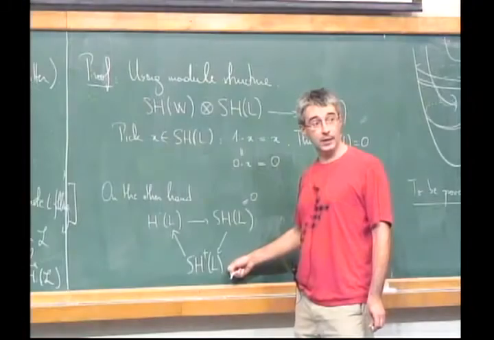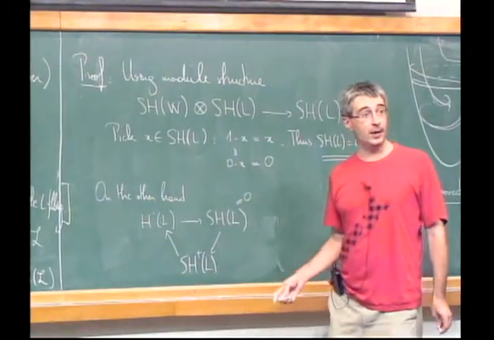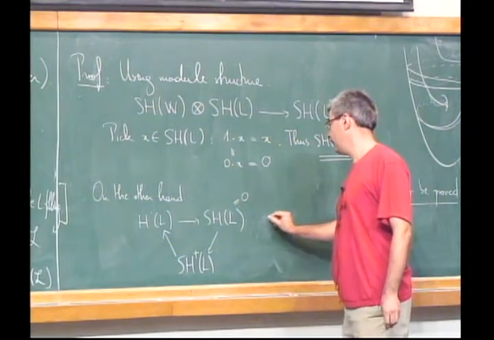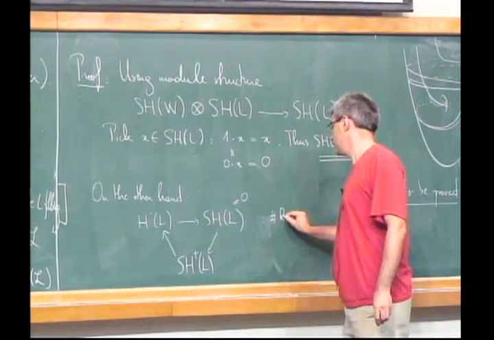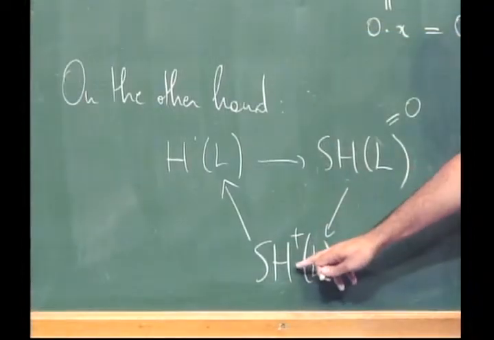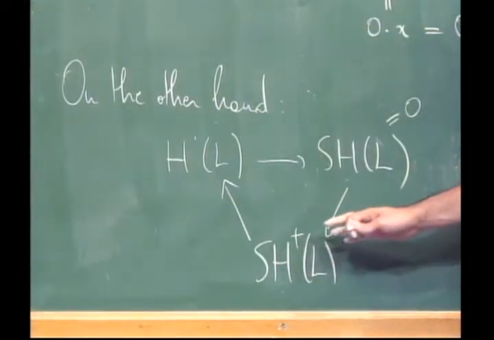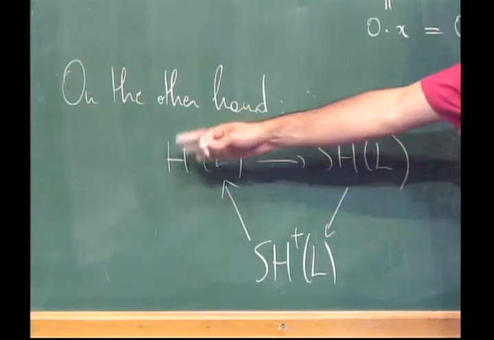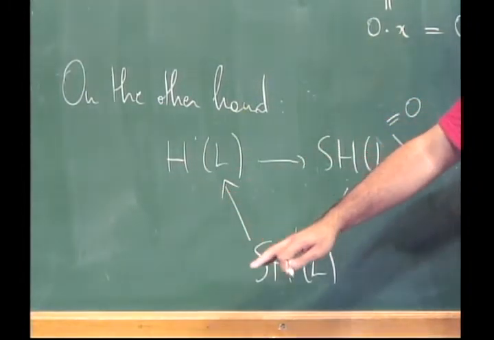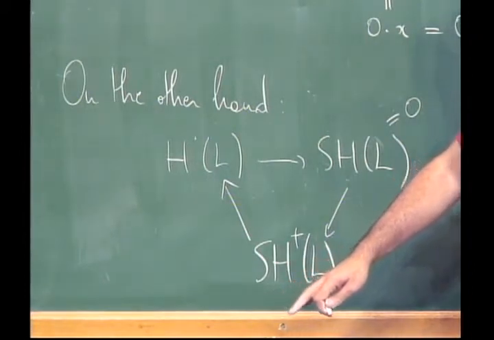But this guy here is going to be generated by the Reeb chords. So if this is 0, it means something kills the homology of L. So there is at least one Reeb chord.